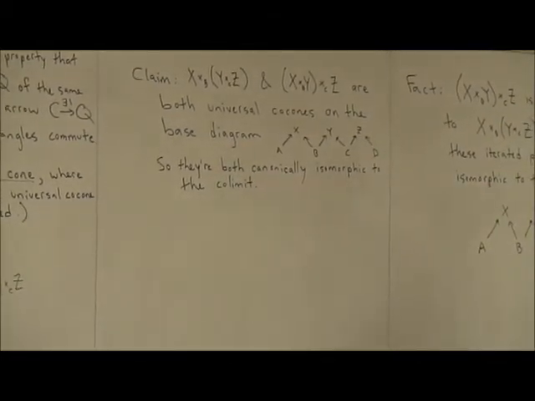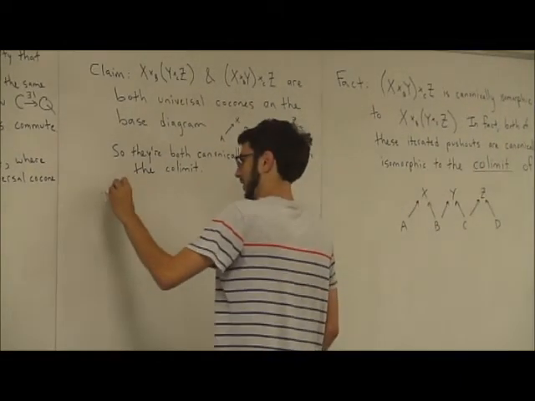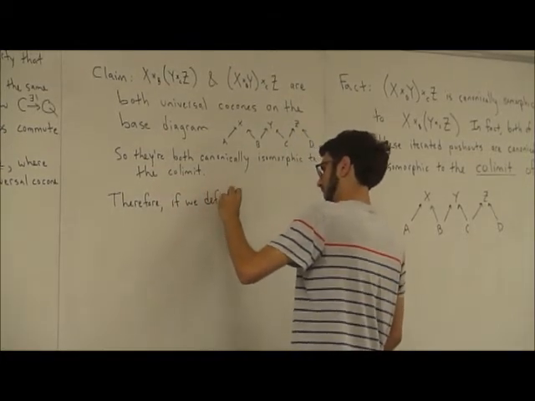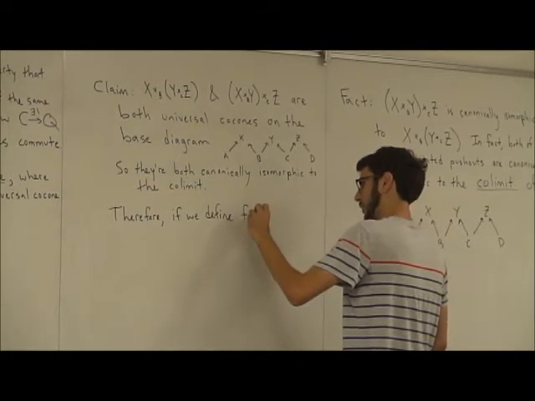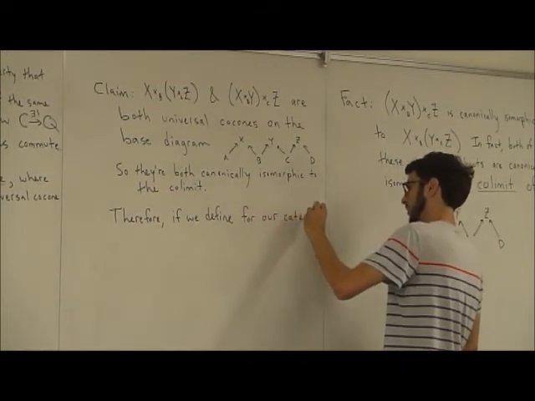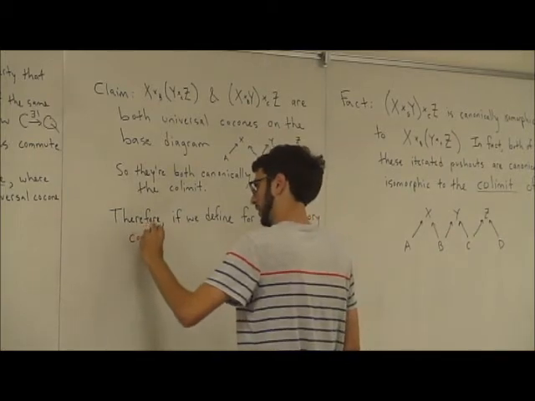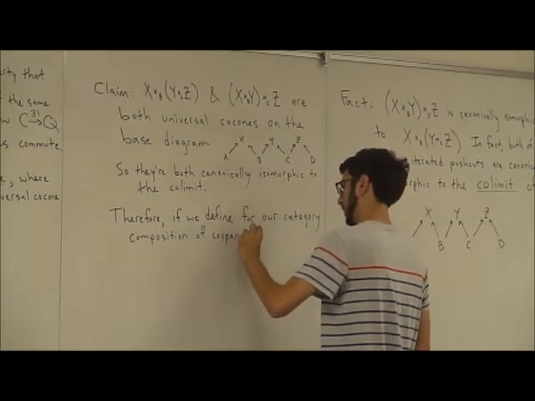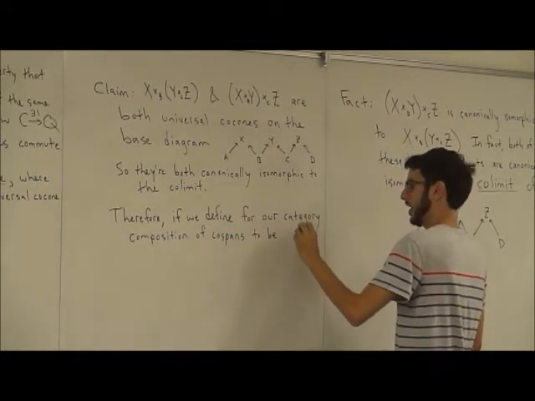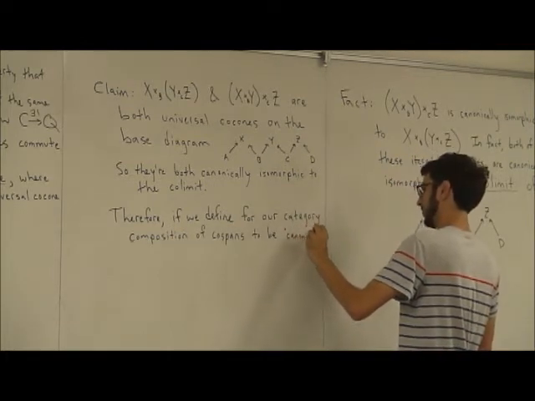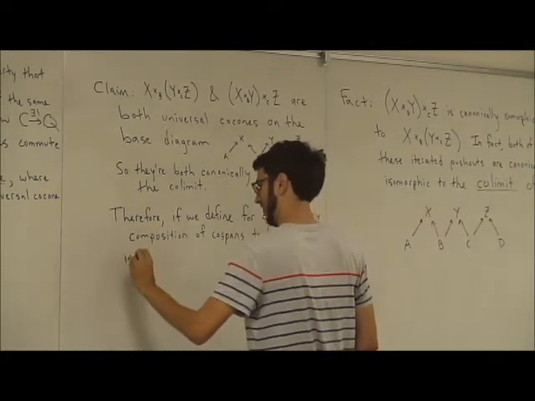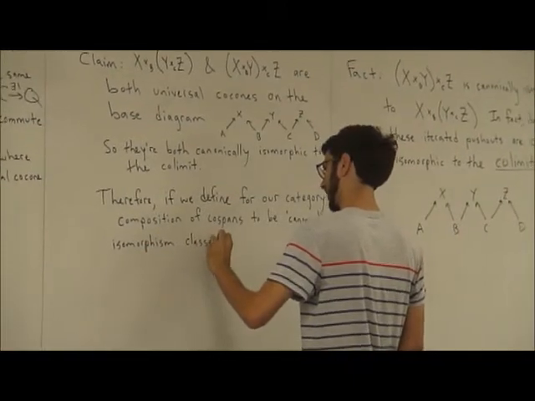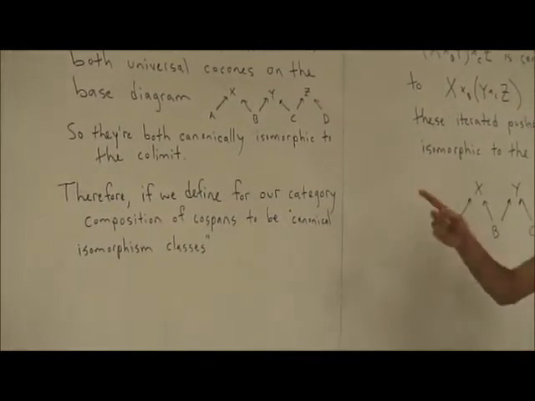Okay, and therefore, if we define in our category composition of cospans to be these canonical isomorphism classes, then we can treat them as the same, really.